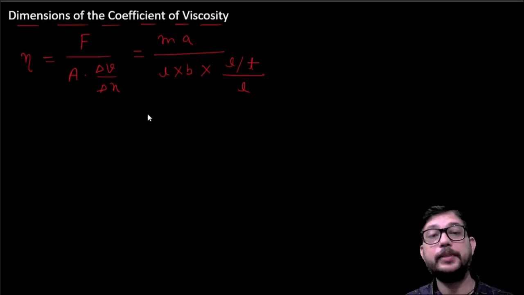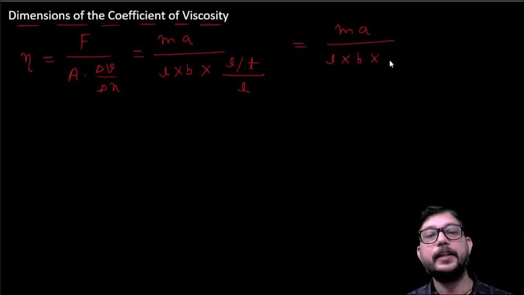So it can be rearranged and written as M times A divided by L into B into L divided by T into L.